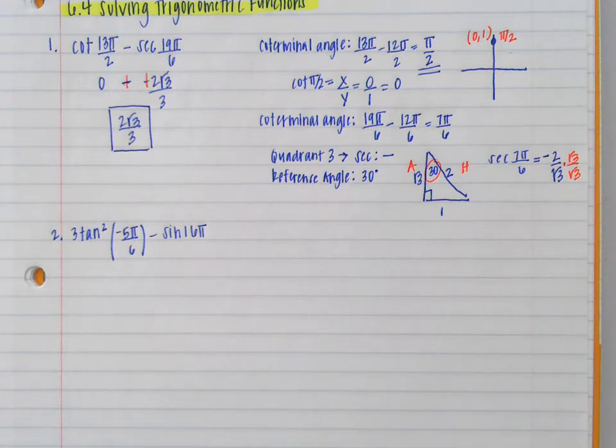So if you guys are feeling good from number 1, you can pause me, and honestly throughout this entire thing, pause me at any of these and try them on your own and see if you understand how to do them without me. Because ultimately at the end of the day, you're not going to have me by your side doing these every single time.